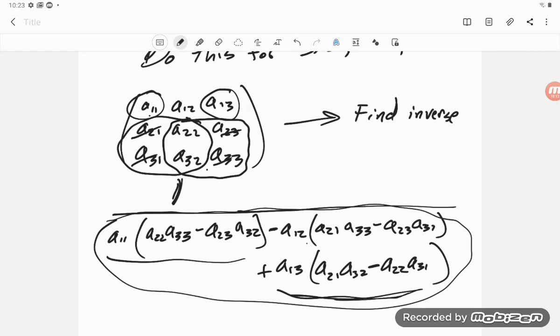And so you see, it looks like there might be a nifty pattern, and there is indeed. So what we'll do is set up some formulaic things as to how to calculate determinants.